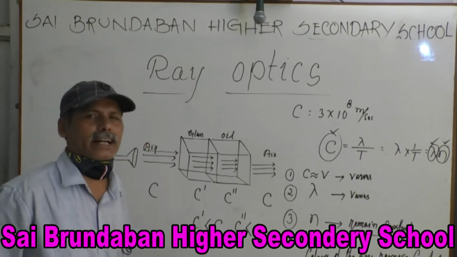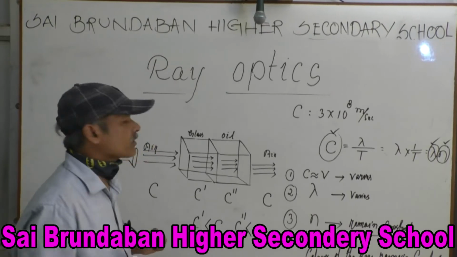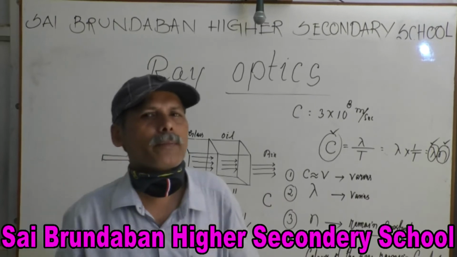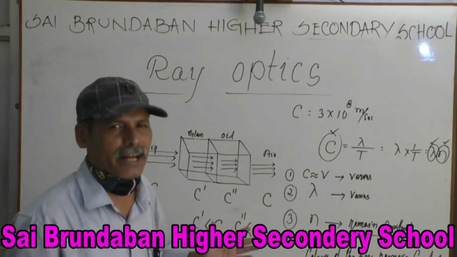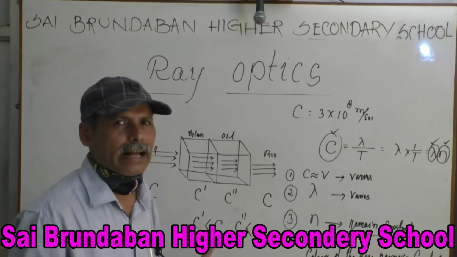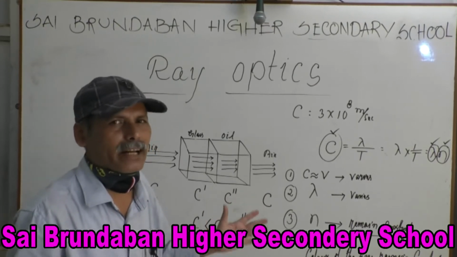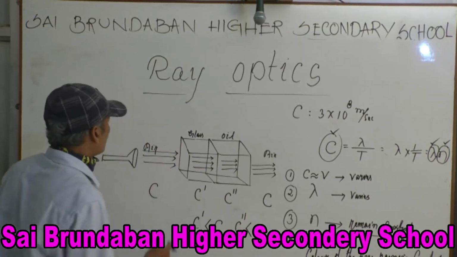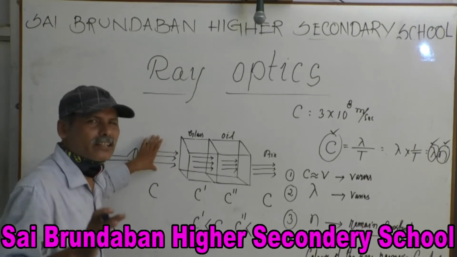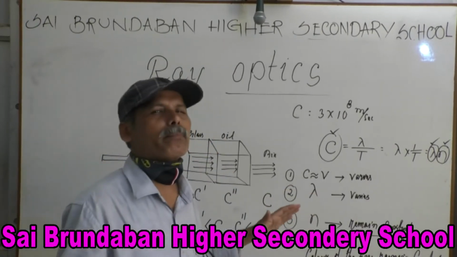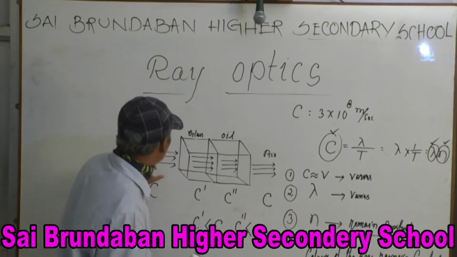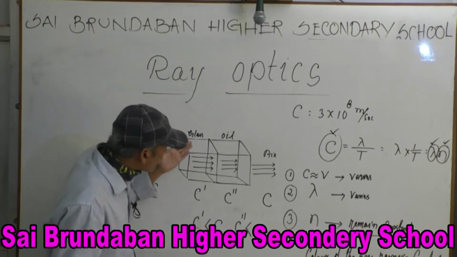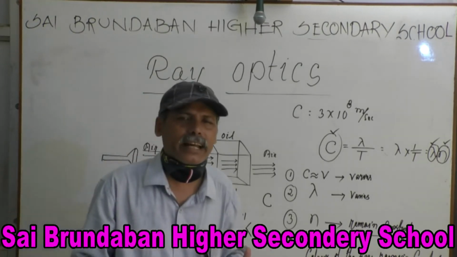From the above ray diagram, we conclude that when light propagates through several mediums, the velocity varies, the wavelength varies, and specifically the velocity decreases. Why does it decrease? Because in air the obstructions are very few, so the ray can easily propagate. But in the medium, the particles are there.